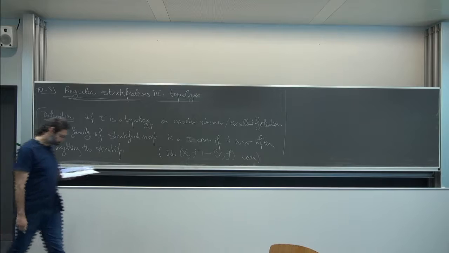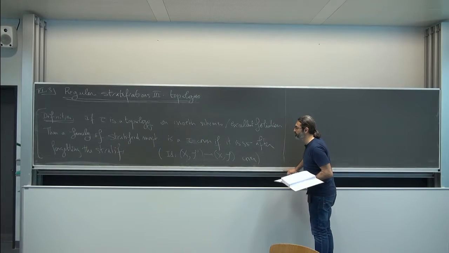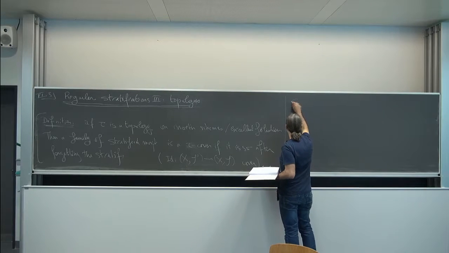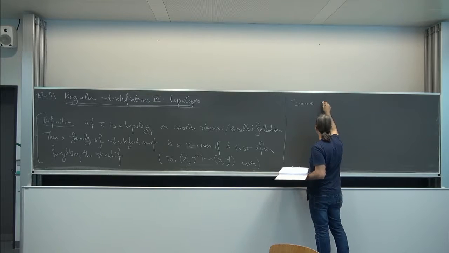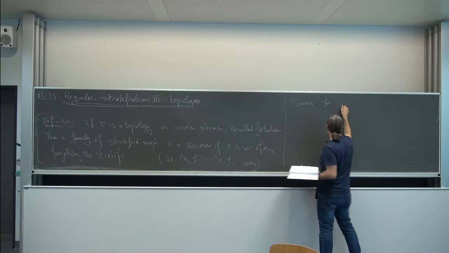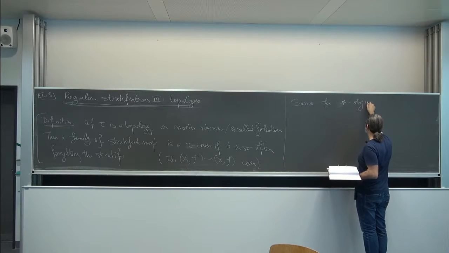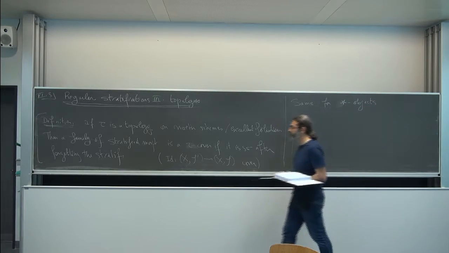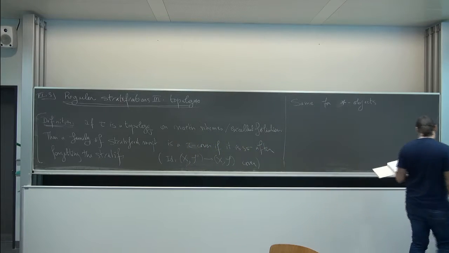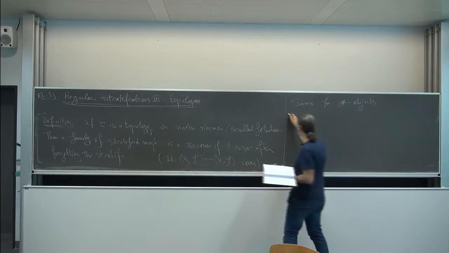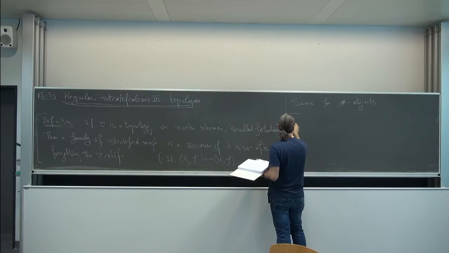Okay, and I'll be mainly interested in the case of the H topology, in fact. Of course, as usual, the same thing also applies for star objects. If I have a morphism of star schemes, then I call this a tau cover if it is so after forgetting stratification. So the main topology that I'm interested in is the H topology.